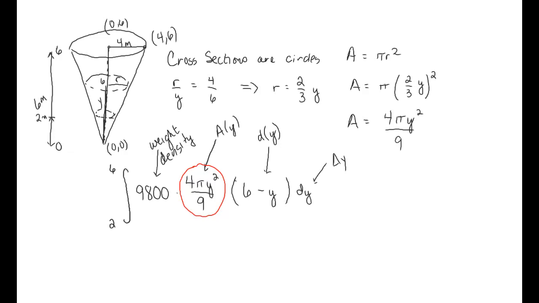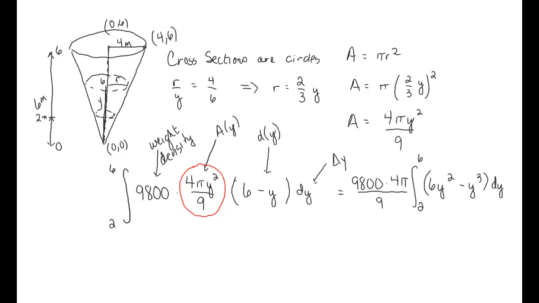Okay, so we can evaluate this, and we should get 9,800, I'm gonna pull all this stuff out, times 4 pi over 9, integral from 2 to 6, and then I'm gonna distribute my y, 6y squared minus y cubed dy.